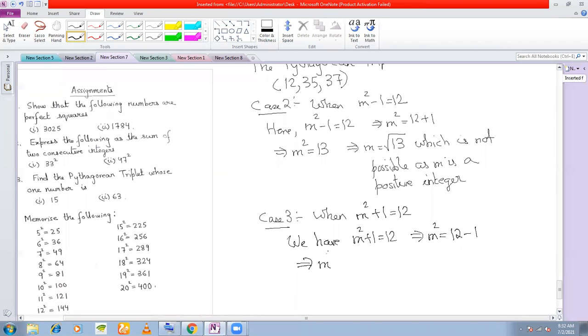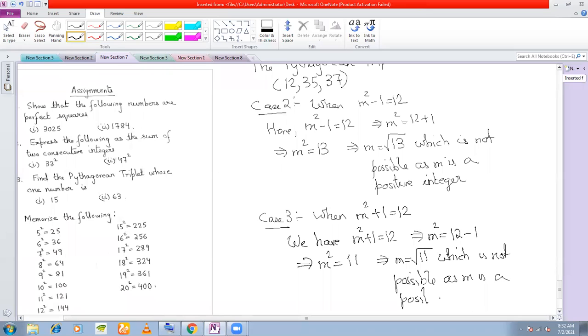That means m square is equal to 11. That means m must be equal to square root of 11, which is again not possible, as m is a positive integer.